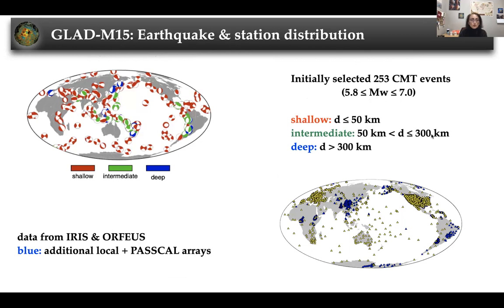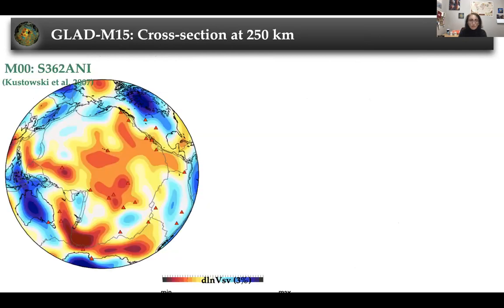So this is the distribution of seismic sources and the stations for the GLAD M15 model. And here you see some results from GLAD M15. This is our starting model at 250 kilometers.